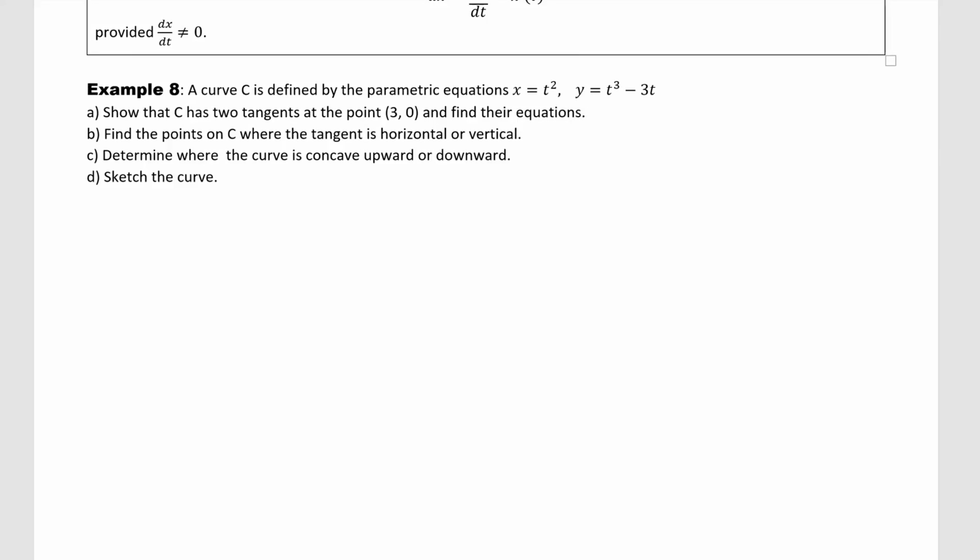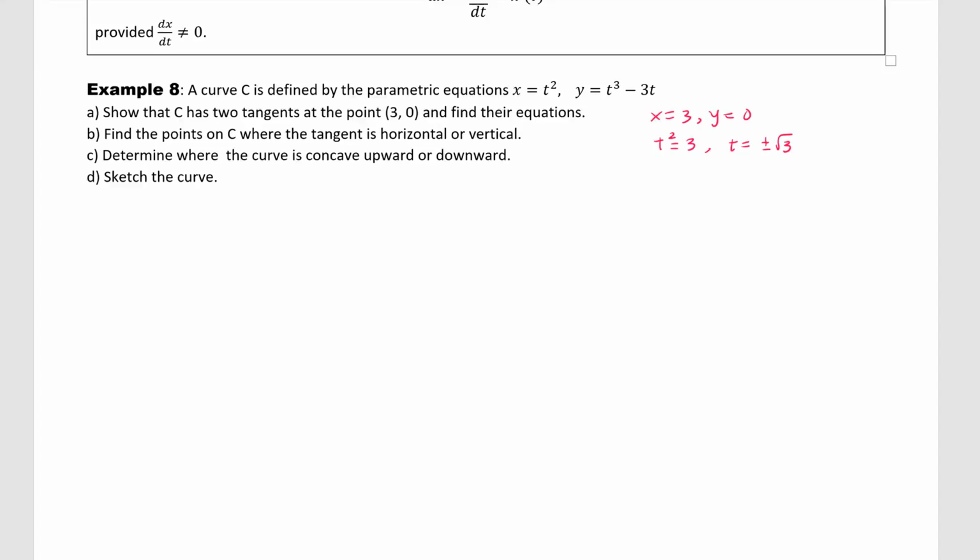Okay, so first of all, let's verify whether the point (3, 0) is on the curve. Well, (3, 0) means x is 3 and y is 0. So x is 3 means t squared equals 3, then what is t? Well, t equals plus or minus square root of 3, right?